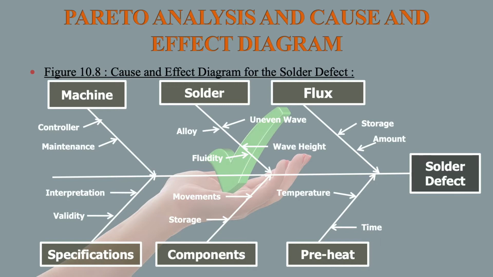The principal problem may be due to the temperature or the time, or the solder alloy material is not perfect, or maybe components are not correct, or the solder machine is not in a correct condition, or maintenance was not good. So there are various causes one has to identify, and one has to reduce those causes to minimize the solder defects. This is the use of a cause and effect diagram for the solder defect reduction.